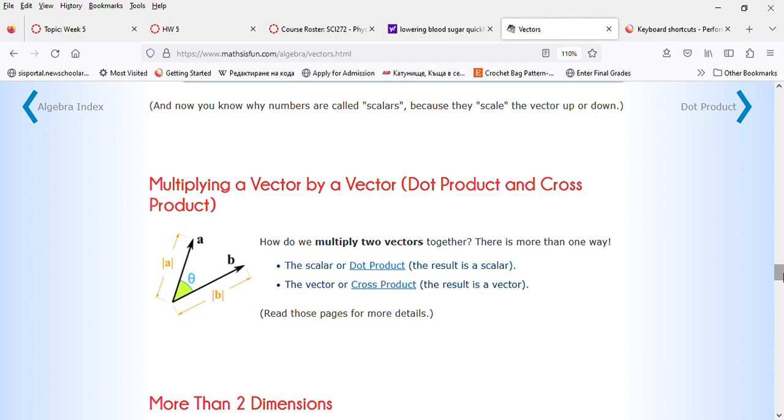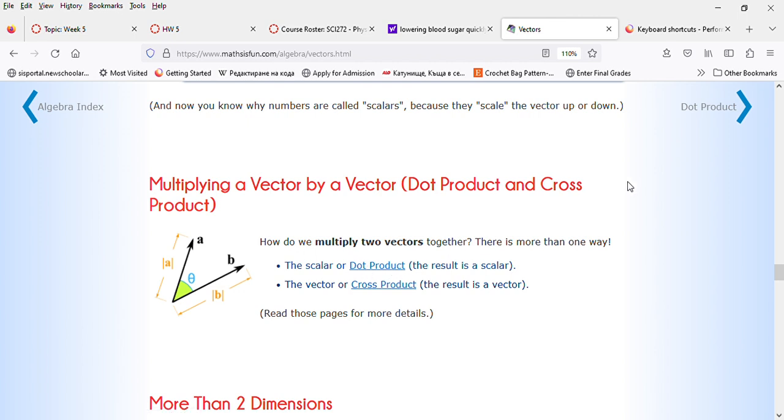There are two ways to do that. One is called dot product, one is called cross product. We're not going to be studying the cross product because this one requires third dimension and matrices, which I'm assuming you do not know. So we're not going to study the cross product. We're going to concentrate on the dot product.